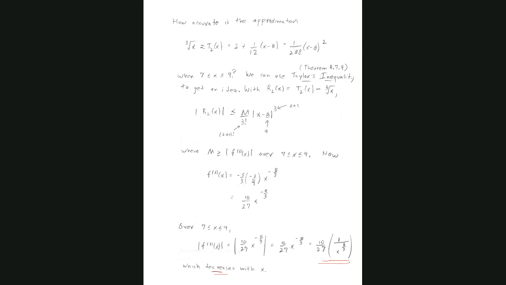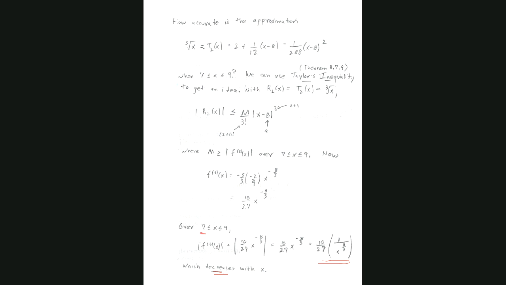If your n plus first derivative is decreasing with x, you pick the left endpoint, and your M would equal the n plus first derivative at the left endpoint.